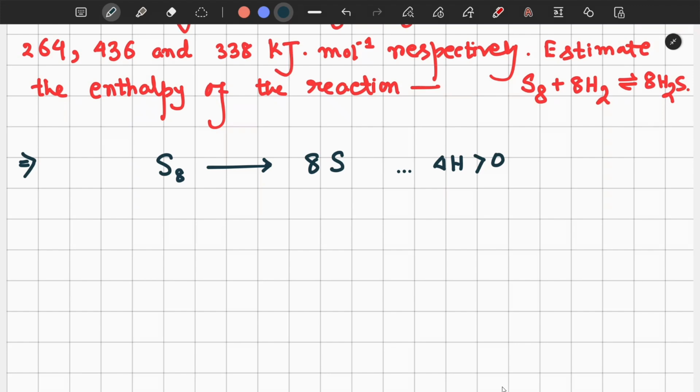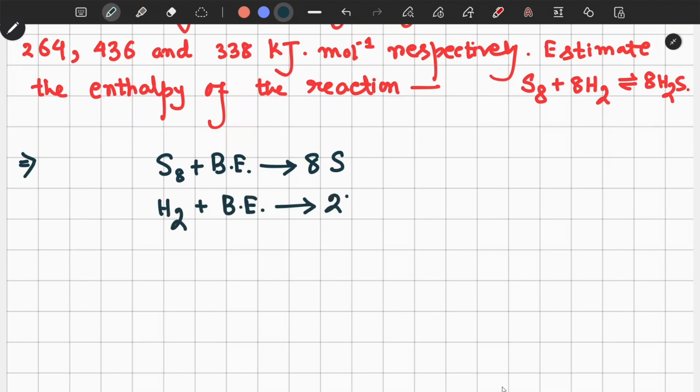Because this is the bond energy, right? Bond energy will be needed here. So you can write it as plus bond energy, then 8S, correct? Similarly for H2, you have to give the bond energy and then it will be 2H.